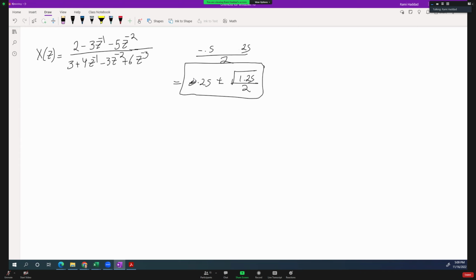That's an example where we do have a rational fraction that is given in the negative form.